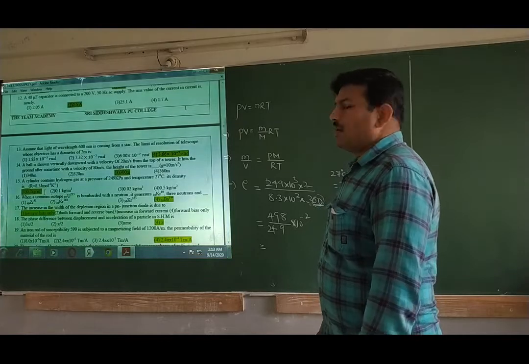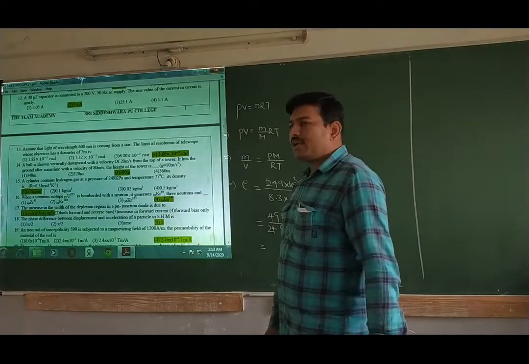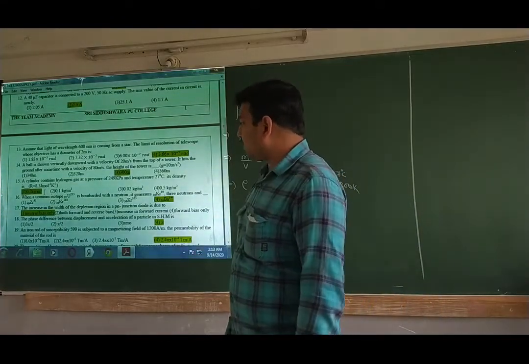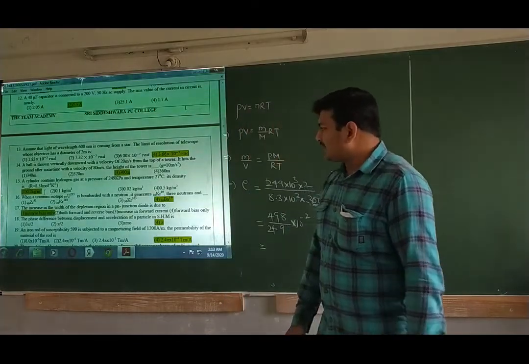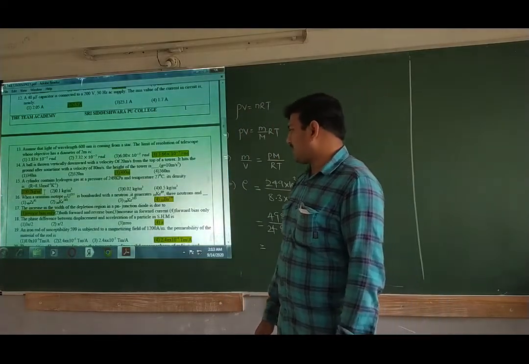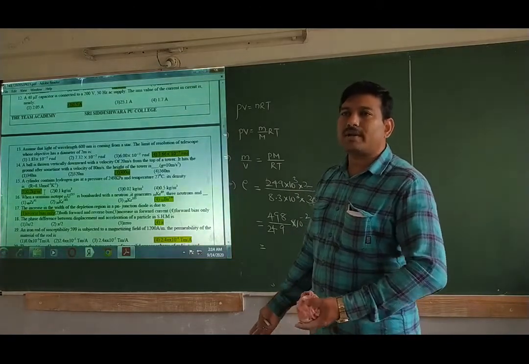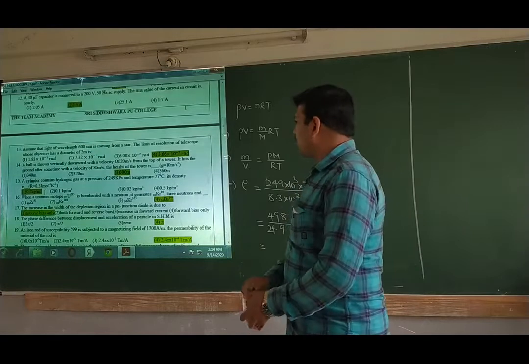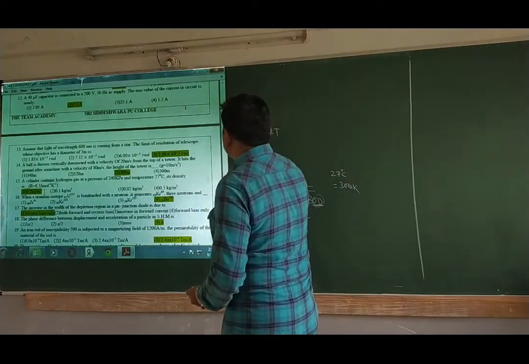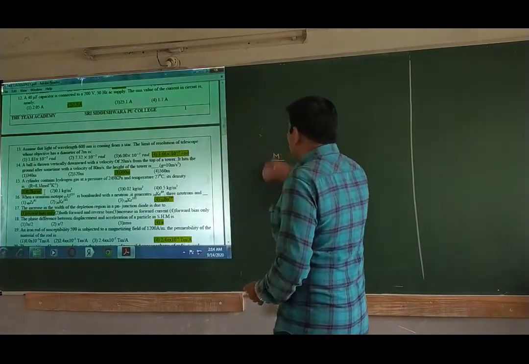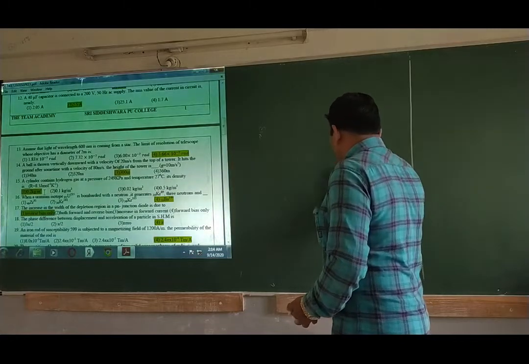16th question. When a uranium isotope, 92 uranium 235, is bombarded with neutron, it generates 36 krypton 89, 3 neutrons and dash. It is a commonly asked and commonly known board question. So we know that uranium undergoes disintegration when you bombard it with slow moving neutron or thermal neutron.